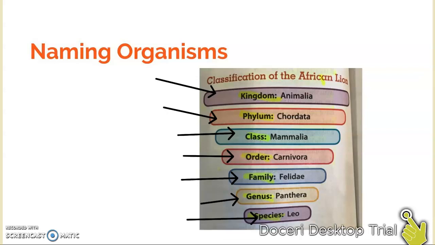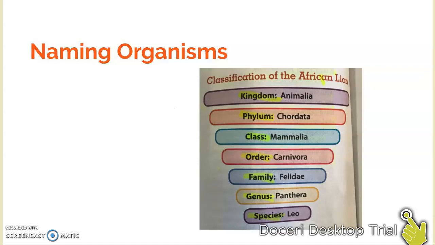So the scientific name is made up of 2 different names. So you can see here, we're talking about, in this particular example, the African lion. The African lion's name, its scientific name, comes from its genus and its species.